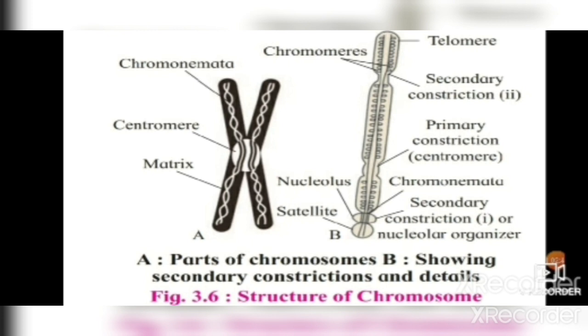In diagram A, chromonemata are shown, and in the middle the centromere is shown, and the matrix is present there. These are the parts of a chromosome in diagram A, and diagram B shows the secondary constrictions and other parts of the chromosome. That is the structure of chromosomes.